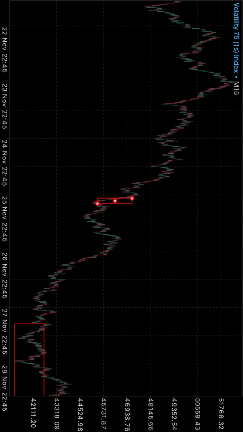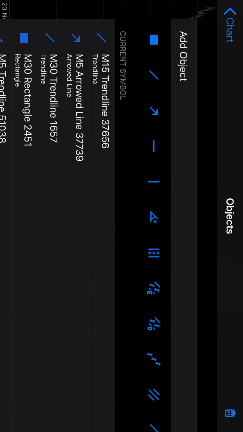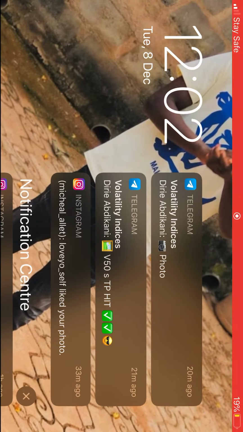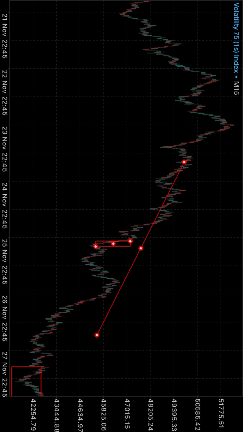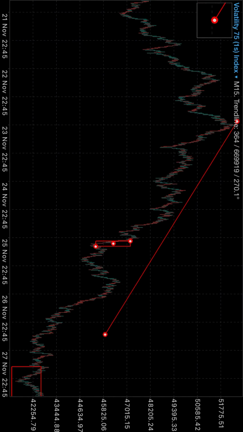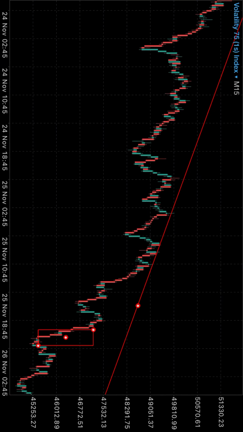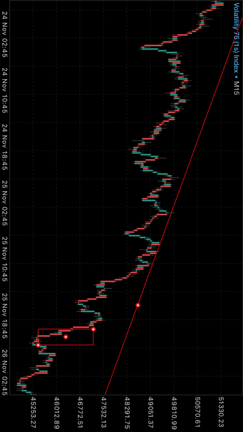Look at this now. This is a downtrend because from here, let's draw a trend line. Before you trade the Forex market, you must know the trend of the market. So it's very important. From here, the market has been selling. So what do you call this? You call this a bearish market.